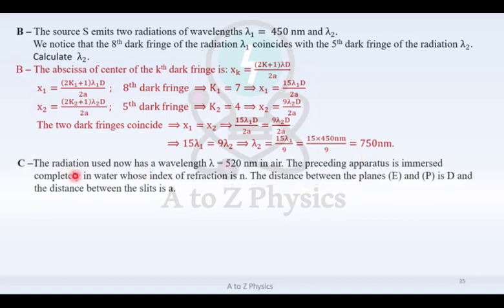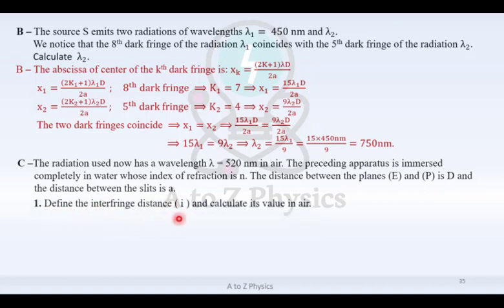C. The radiation used now has a wavelength lambda equal 520 nanometer in air. The preceding apparatus is immersed completely in water whose index of refraction is n. The distance between the planes E and P is d, and the distance between the slits is a. 1.